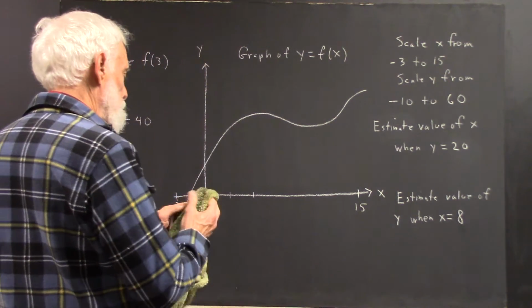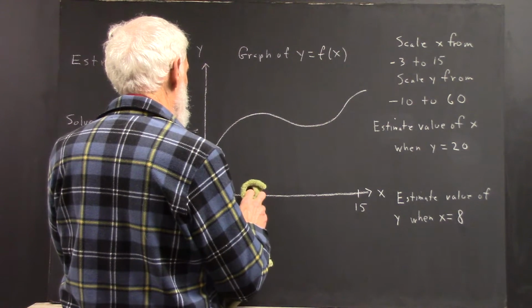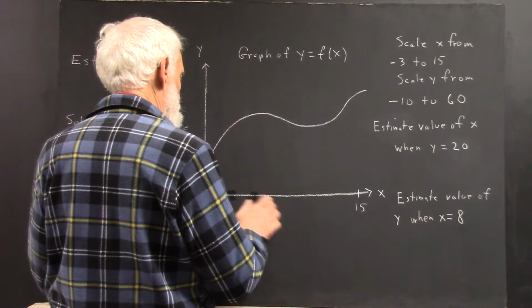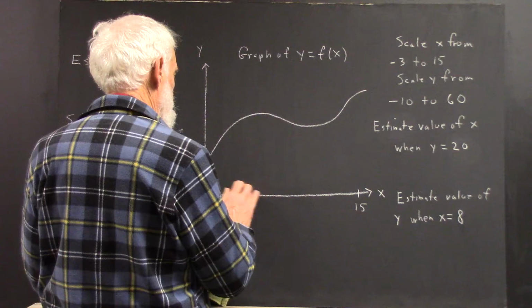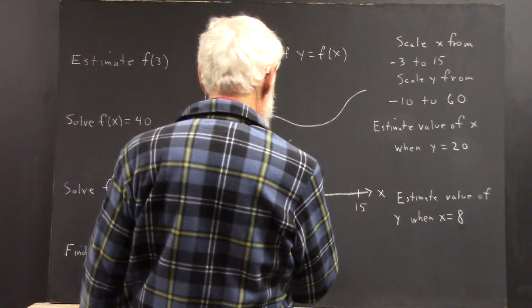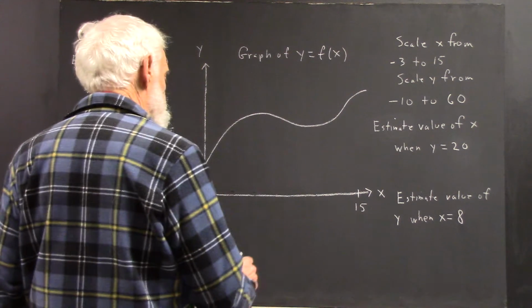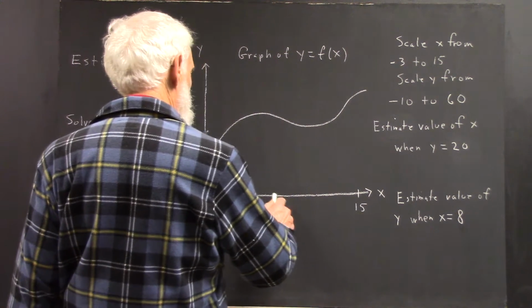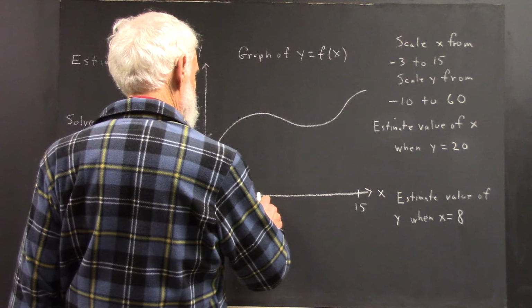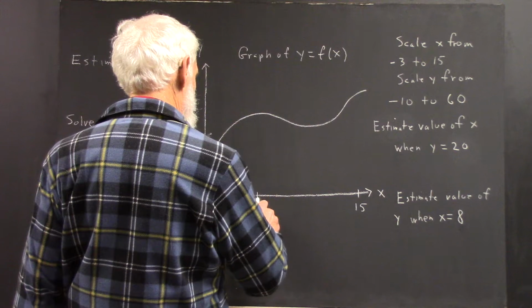So let me get rid of those marks. Okay, see if we can do that without smudging it too badly. Okay, well there's 15. Halfway between here would be 7.5. That's halfway between, so if that's 7.5, it would be reasonable to make this 6.